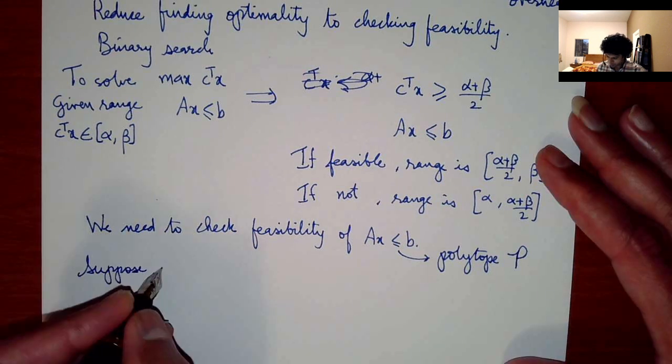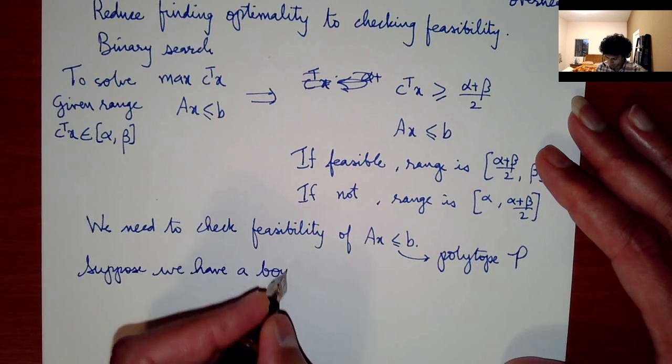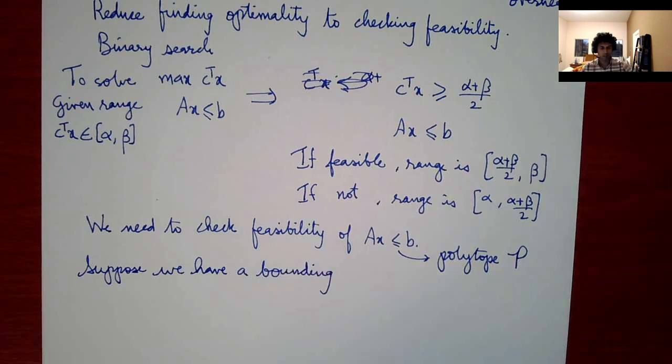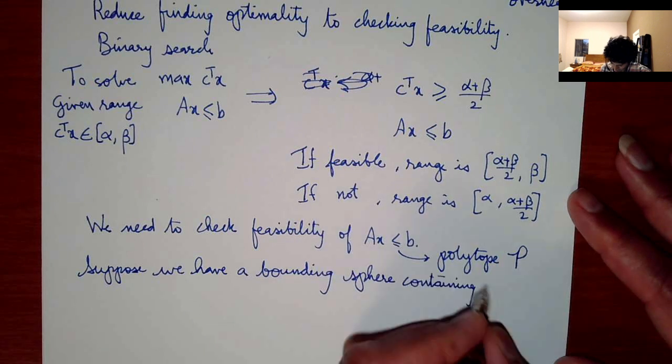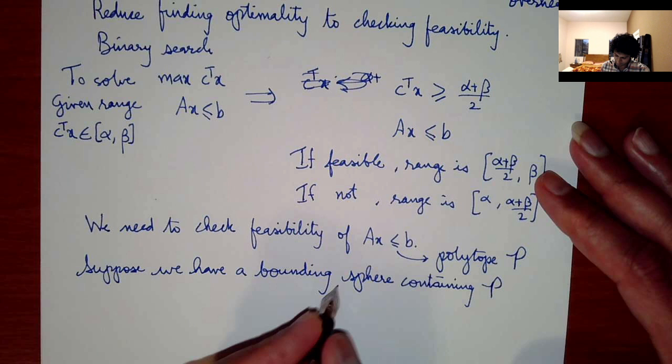Suppose we have a bounding, let's just say a bounding sphere containing P. And technically this is going to be an ellipsoid.